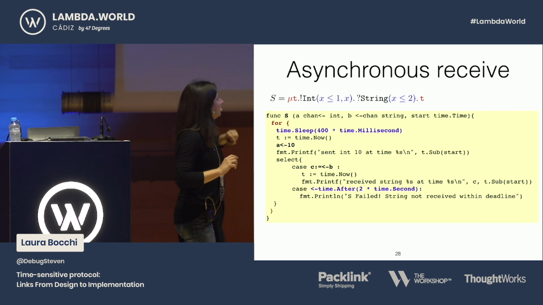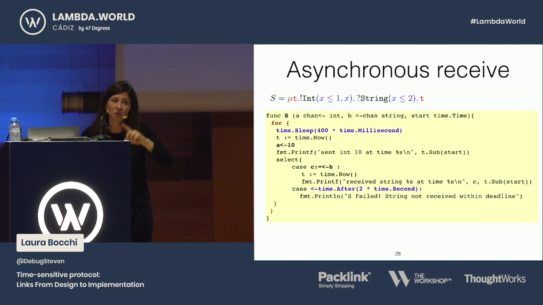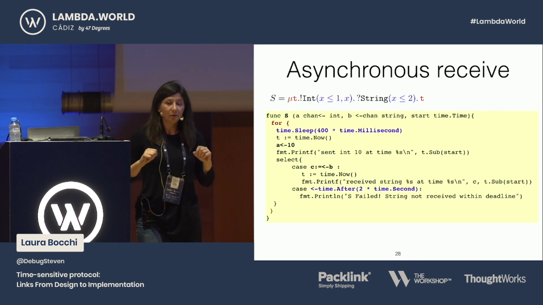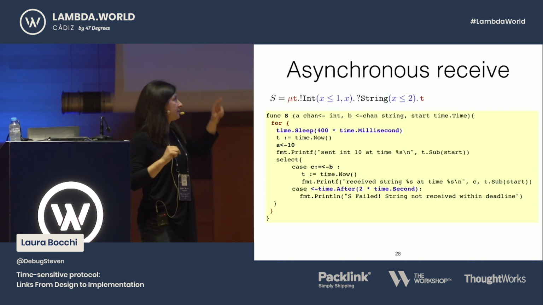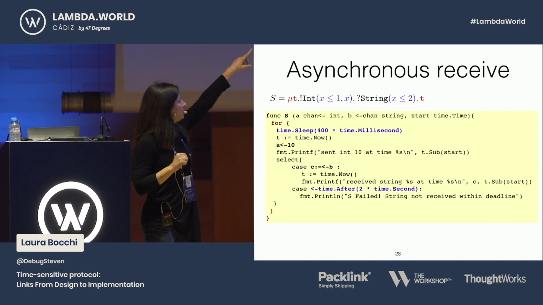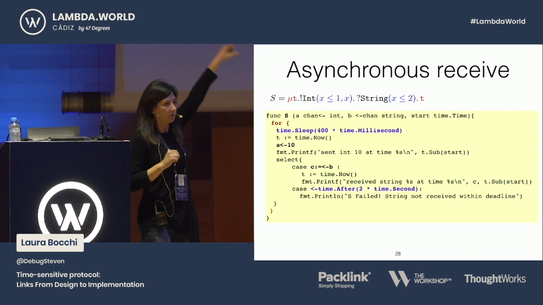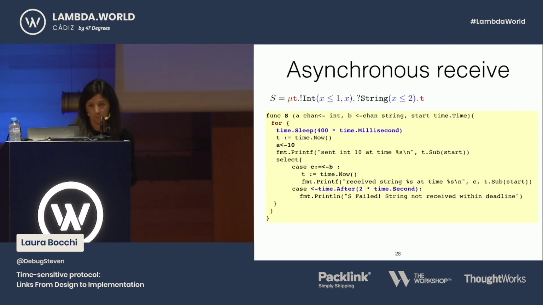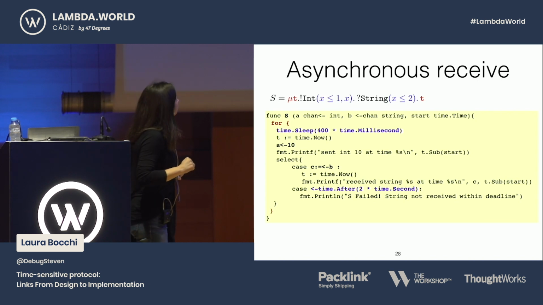What you see on the top of this slide is the session type for the server that we have seen before. I've just made it a little bit more interesting. I made it recursive, right? So this mu t, you start a recursion, and then when you see t at the end, it just calls back the recursion. It loops over and over again. And then I implemented it in the Go programming language.